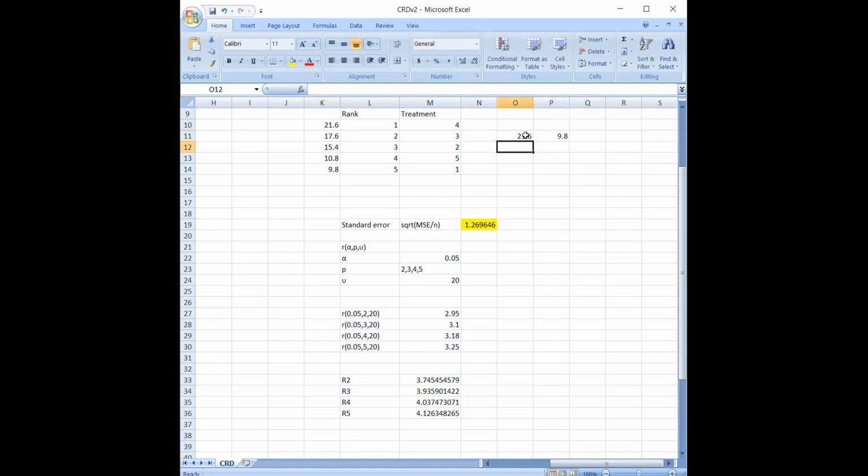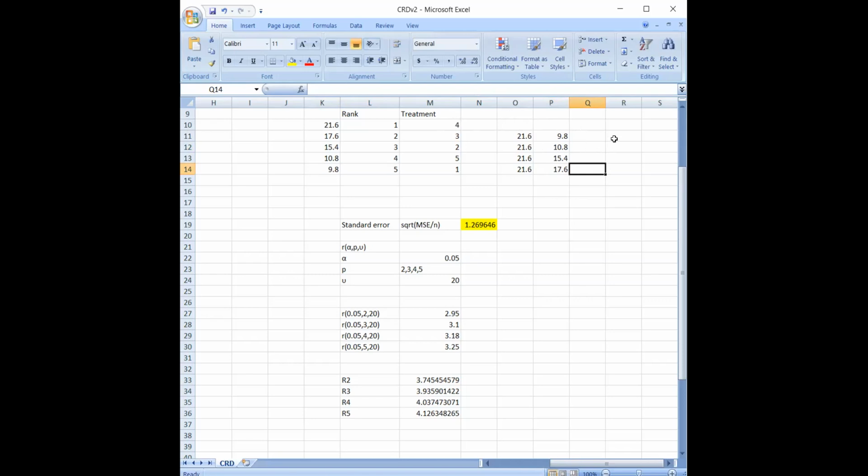Then the next smallest value is 10.8, so 21.6 with 10.8. Then 21.6 with the next smallest value, 15.4. Then again 21.6 with the next smallest value, 17.6. You can compare like this. Here we have all the possible combinations with respect to treatment 4, since it's the largest.